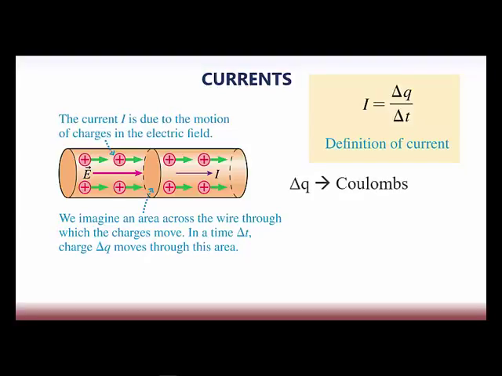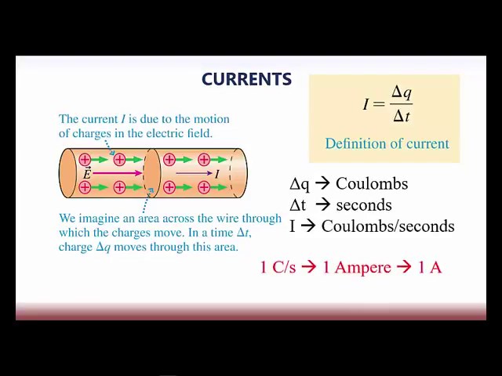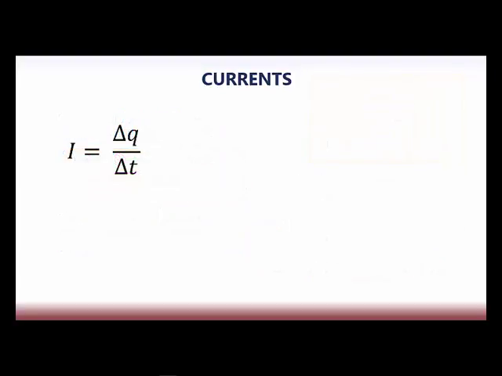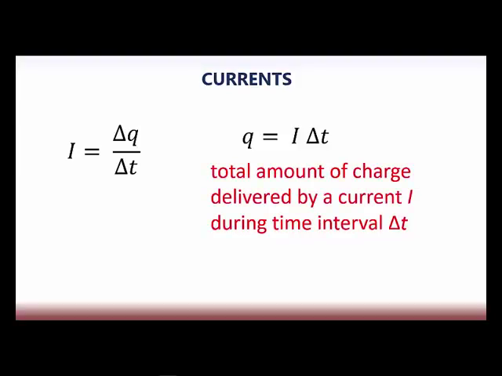If the charge Q is measured in coulombs and time is measured in seconds, then current is measured in coulombs per second. 1 coulomb per second is equal to 1 ampere, or 1 amp, and here you see the abbreviation for ampere. Another way to look at this equation is to rewrite it in terms of Q. Here we see that Q, the total amount of charge, can be found by multiplying the current times the time interval.